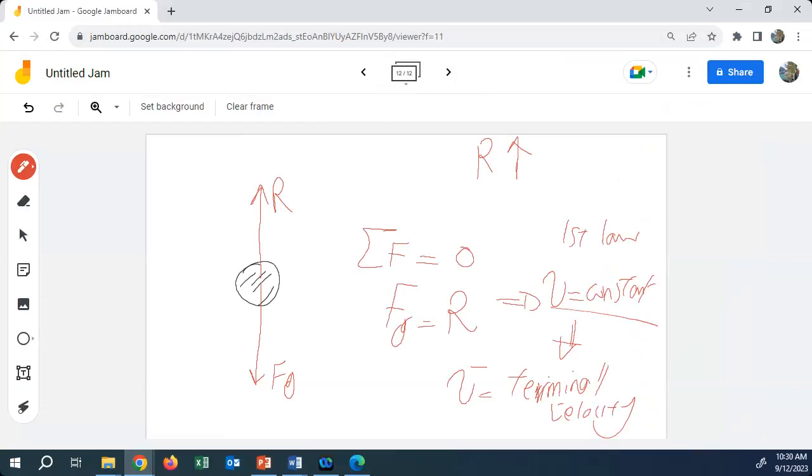That's why, at the beginning, the force of gravity acts, and the resistive force increases until it becomes exactly equal to the force of gravity. At this point, these two forces cancel each other. When they cancel each other, what does it mean? Newton's first law.